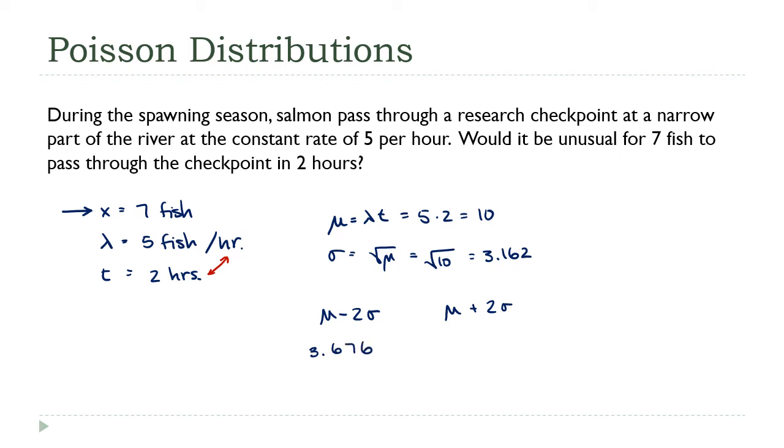And if I add 2 times 3.16, we get 16.324. 7 does fall between those two numbers, right? So my answer is we would not normally consider it unusual for only 7 fish to come through. It's not a high probability, but it's not sufficiently low that we would consider this an unusual result.